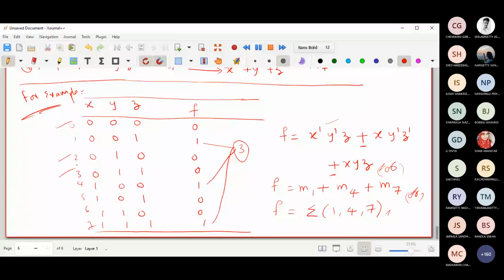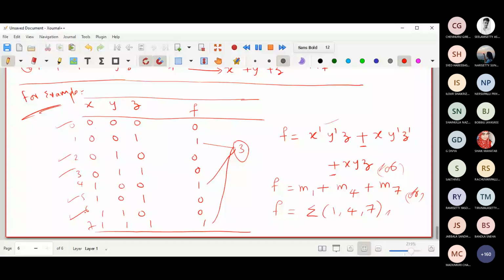Five terms remain, and these are the maxterms. Here the function may have only minterms or only maxterms, or some terms will be minterms and some maxterms. So this is one form, where you express the Boolean function in sum of minterms. Clear?